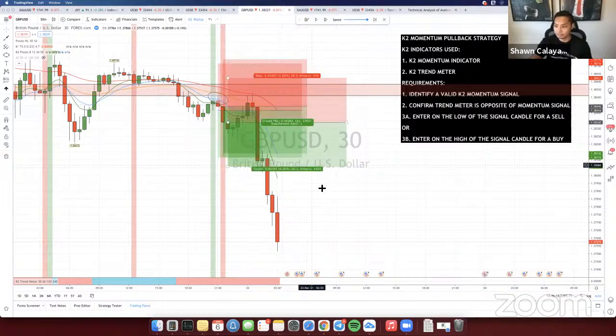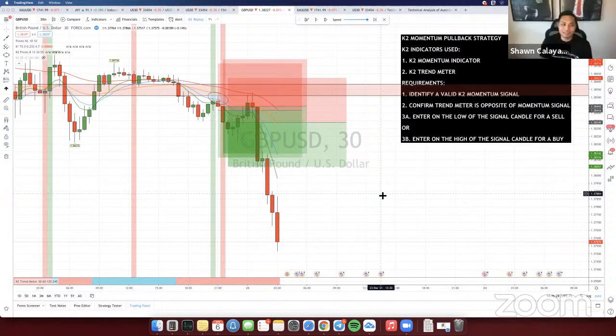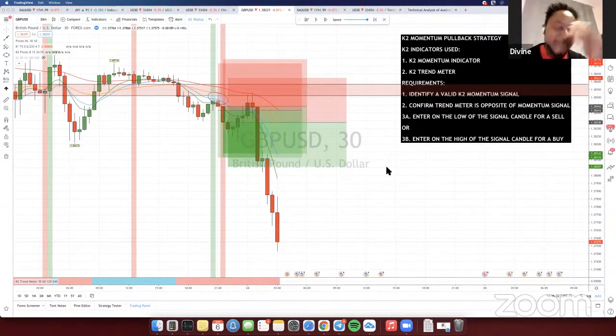Basically, I was trying to use the pullback strategy, the momentum pullback one, but I was doing it wrong completely. Oh my god. Okay. Yeah, I was doing it completely wrong because I was trying to do it like the way George is doing this 3 minutes strategy that we're working.